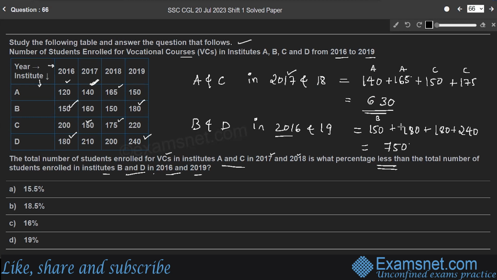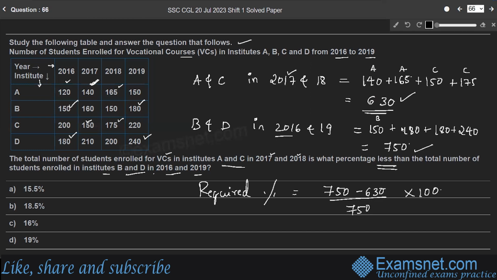Here the question is, the first number of students, 630, is less than 750. So what percentage less than? Of course 630 is less than 750. So this difference, 750 minus 630, is what percentage less than the total number of students enrolled in B and D. Therefore, it is divided by 750.